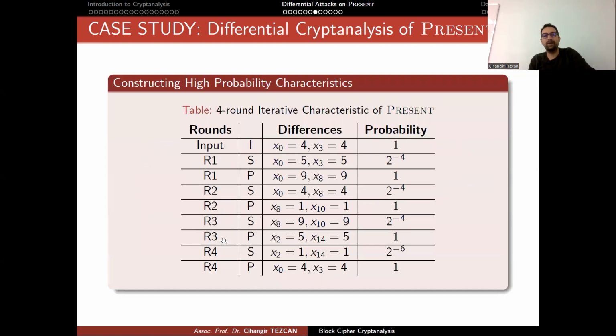The thing is that for a random permutation, if you only change these 2 bits and expect a very specific output difference where you specify 64 bits, since the block size is 64 bits, this has a probability of 2 to the minus 64. So this is why you cannot come up with a characteristic that has lower probability than 2 to the minus 64. Okay.